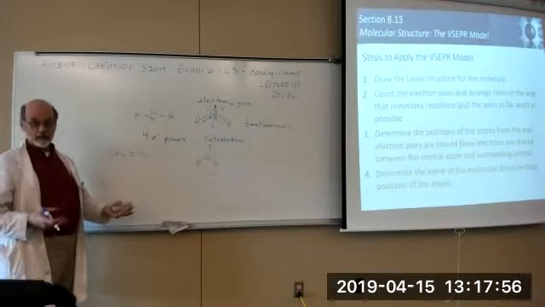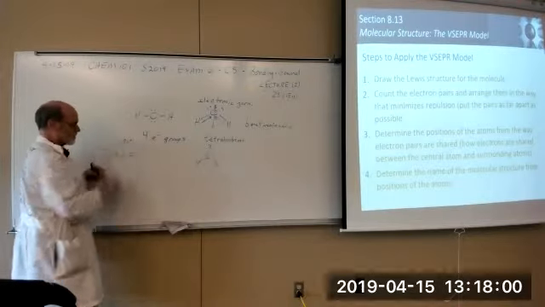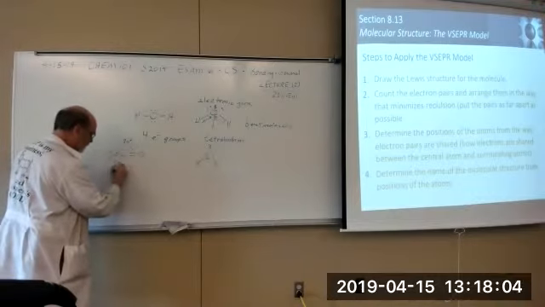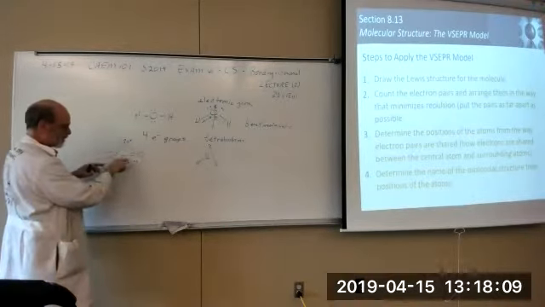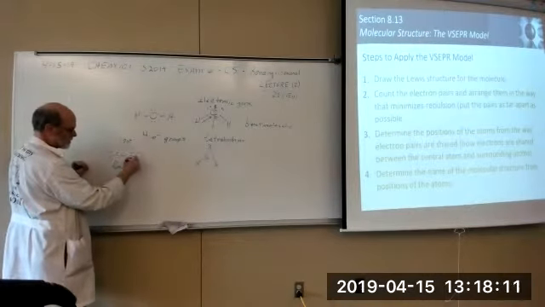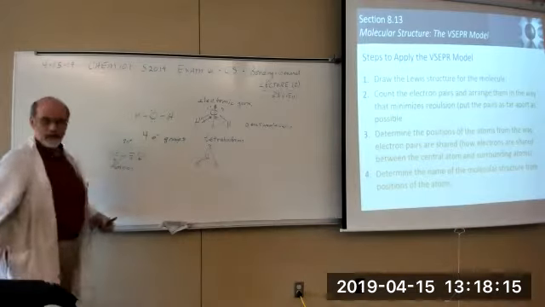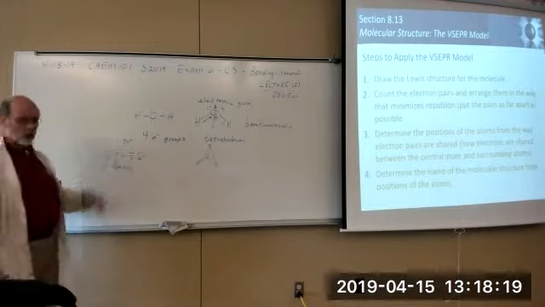You have a linear molecule. The maximum distance between them is 180 degrees. So carbon dioxide is linear, and even though oxygen is more electronegative than carbon, like that, they cancel one another out. So carbon dioxide is a non-polar molecule with polar bonds.